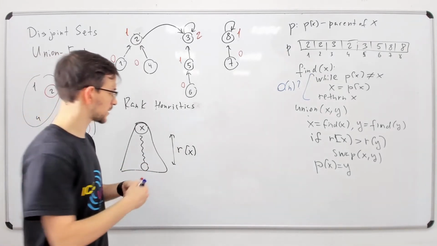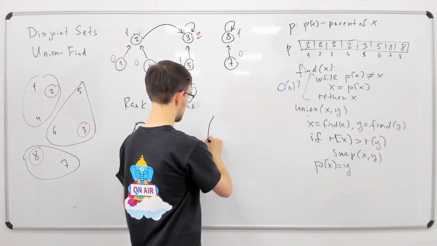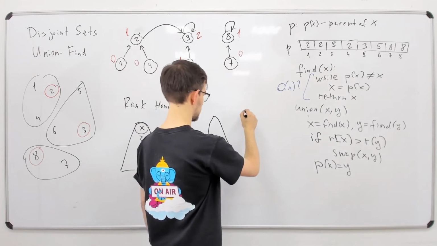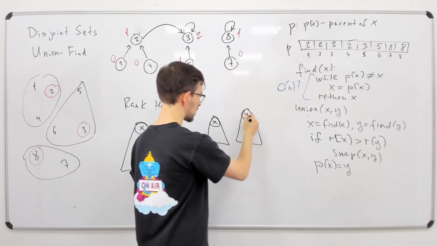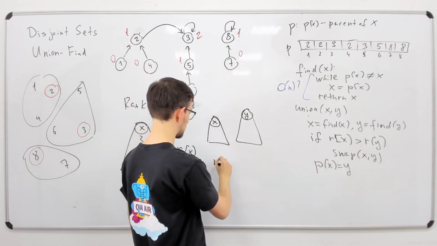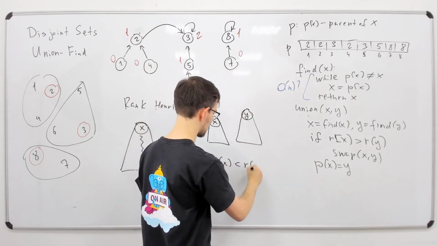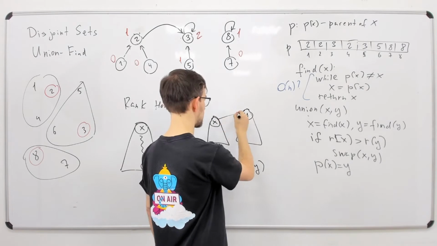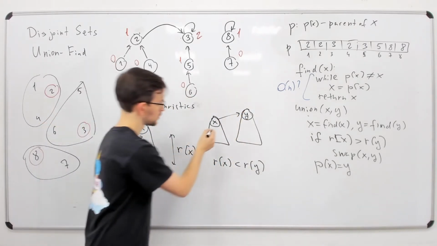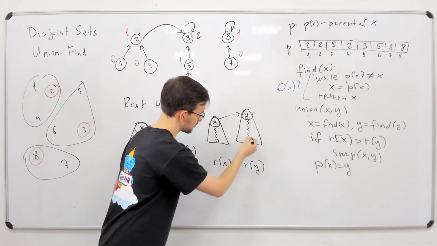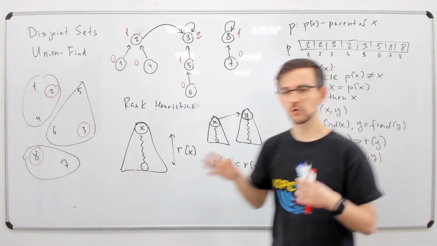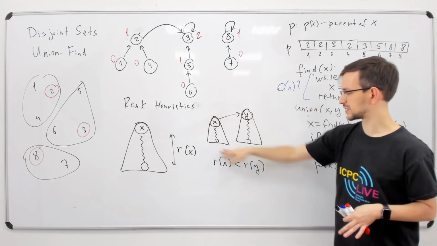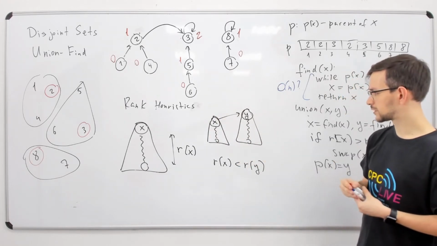If you connect two trees of different ranks, so rank of x is smaller than rank of y, and you connect them like here, you have some path here and some path here. What will be the longest path in this big tree?